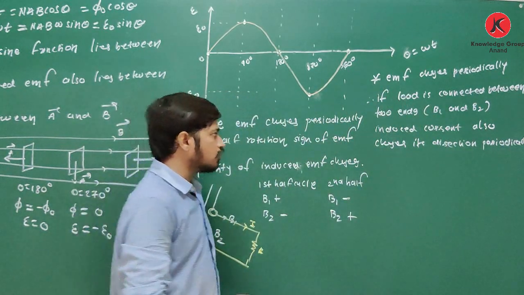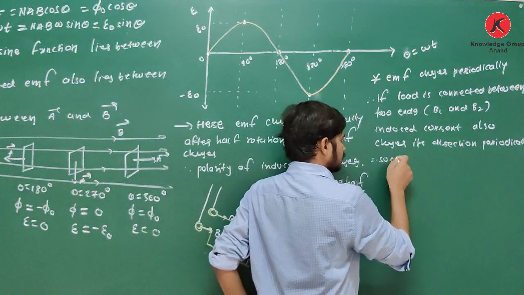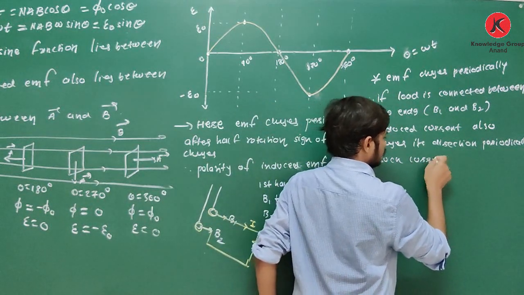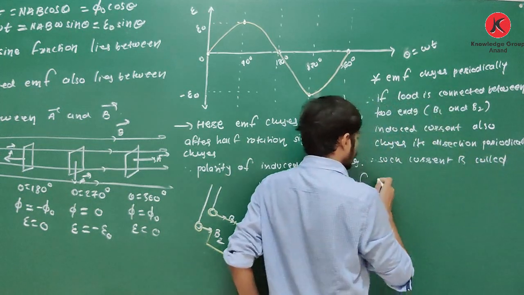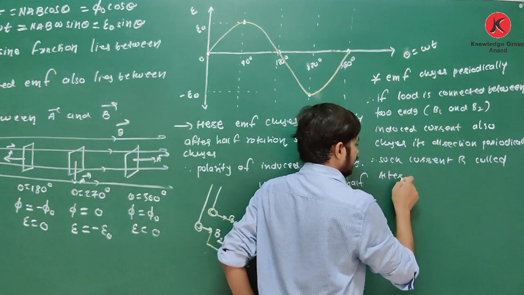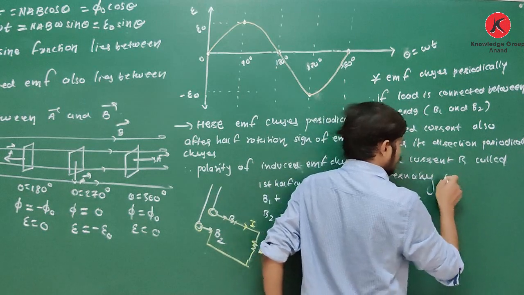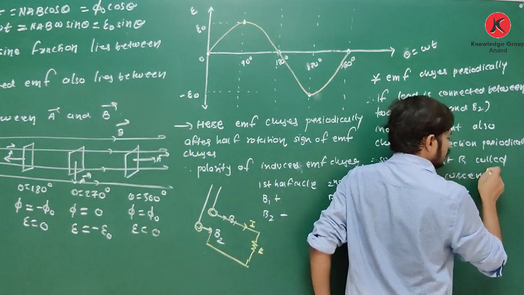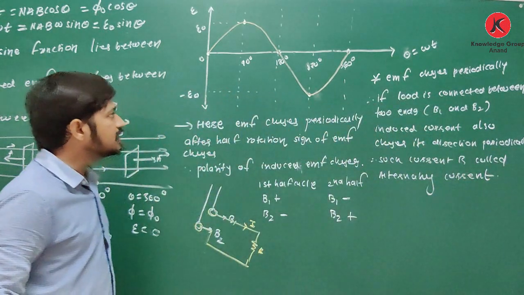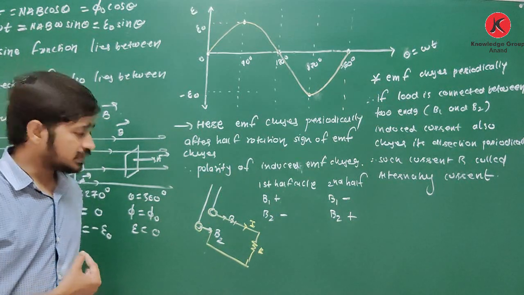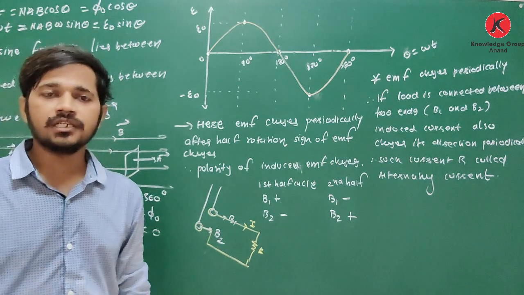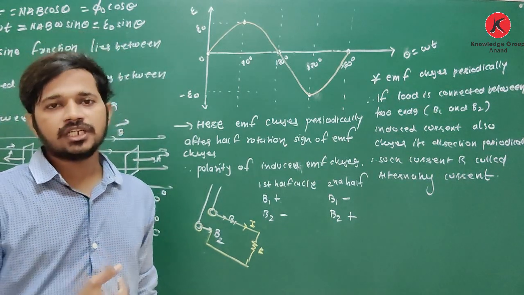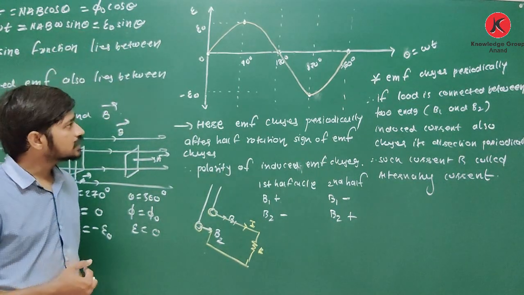Such current is called alternating current, and as this device produces alternating current, it is called an AC generator. Clear about this?